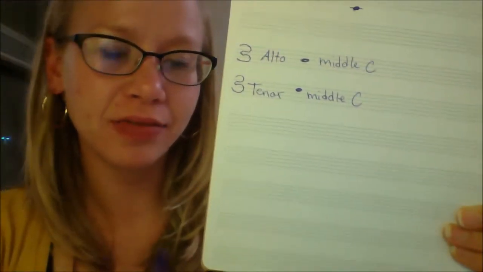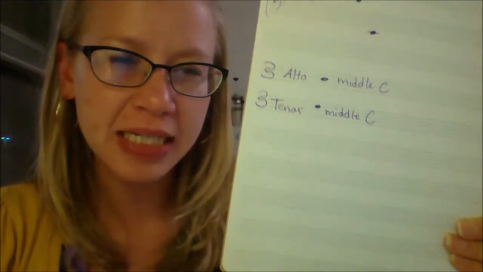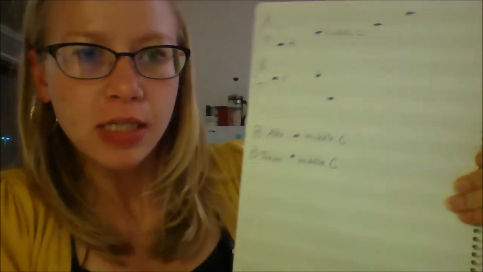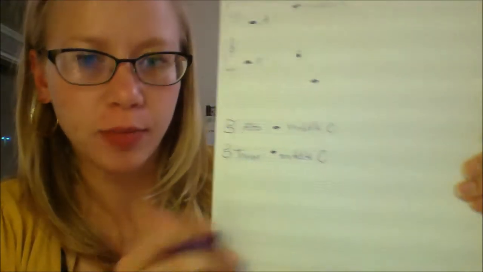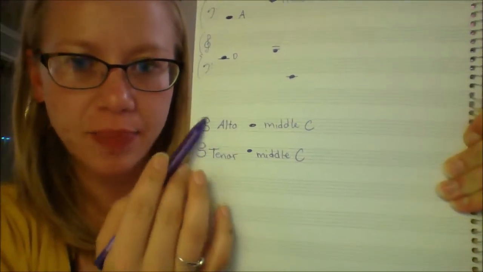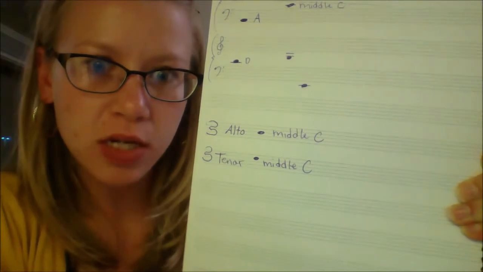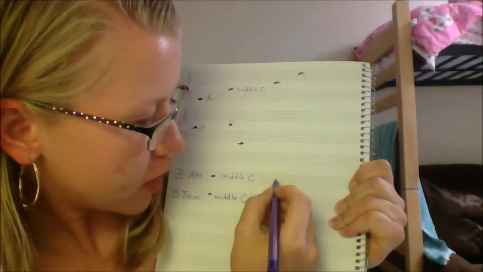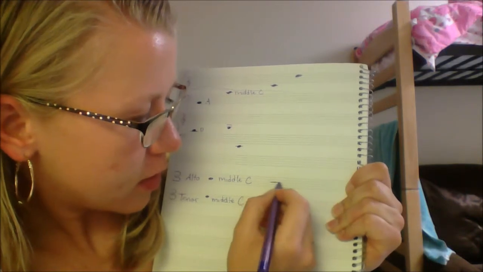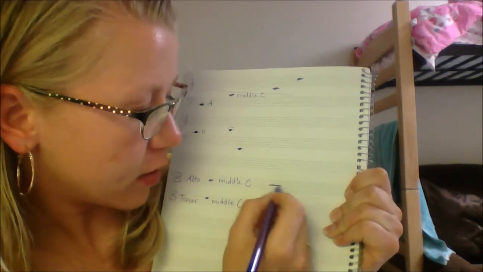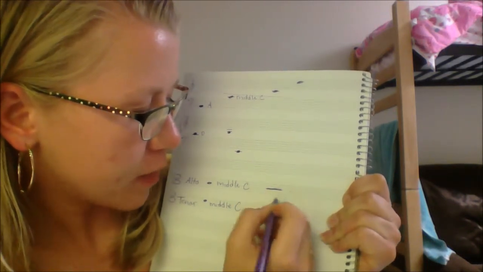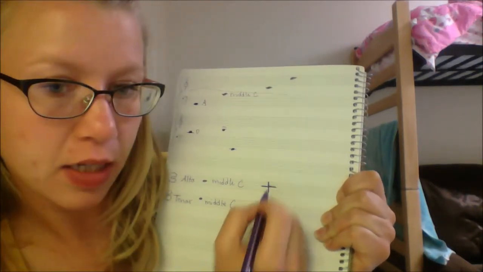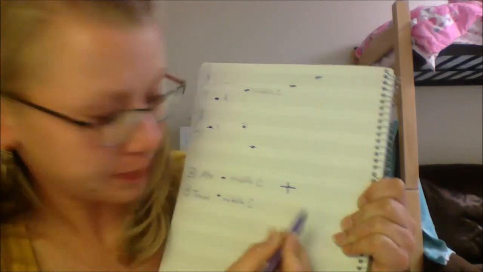This can get kind of confused, it's really easy to mix them up. So this is the best thing that I've figured out as a test for remembering. If you just see this and you're like, oh, am I in alto clef or am I in tenor clef? In alto clef, you have middle C, I mean, it's pointing here on this little line right in the middle. If you draw a vertical line through that horizontal line, you get a plus sign.